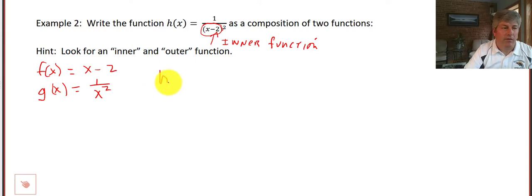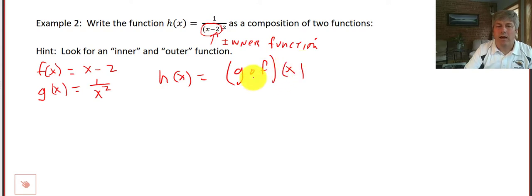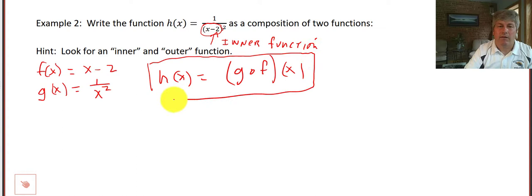So we could say h of x could equal g of f of x, because we put f into g and we get that particular answer. So we have successfully rewritten that as a composition of two functions.